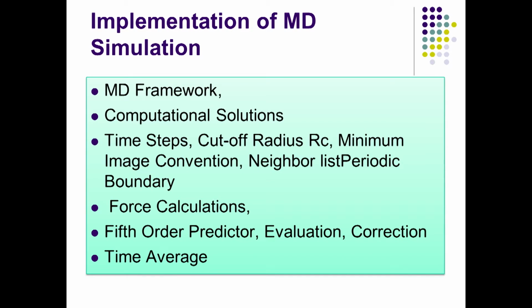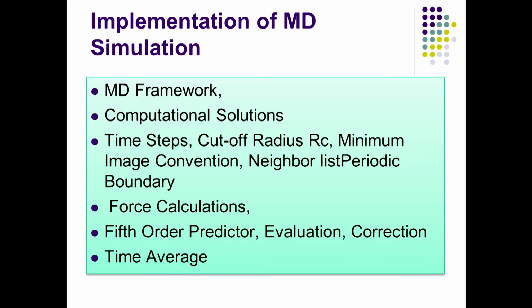Hello and welcome. We are now discussing various properties. We looked at some of the thermodynamic properties, and we are also looking at the implementation of the MD framework, where we started with the understanding of the second law of motion and the trajectory calculation with the computational solution, the time step, the cutoff radius, minimum image convention, the neighbor list, and periodic boundary conditions.